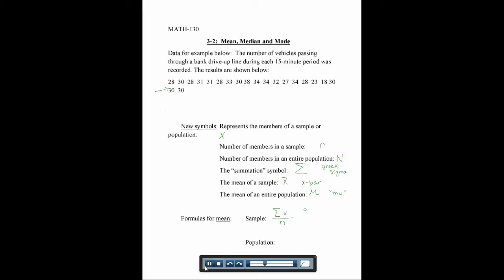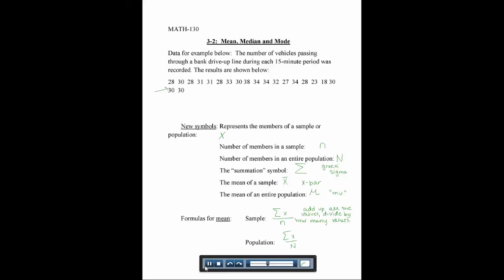In words, this means add up all the values, divide by how many values you have. For the population, it's very similar, except for how many values we have, we use a capital N instead of a lowercase n. The idea is exactly the same: you add up all the values and divide by how many you have.